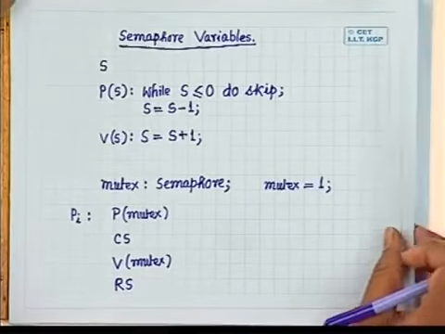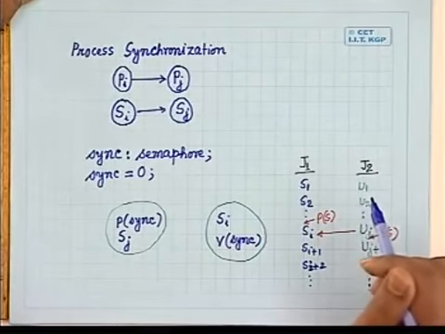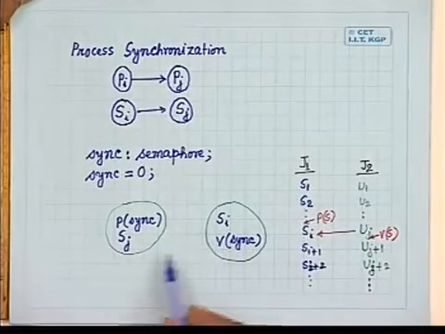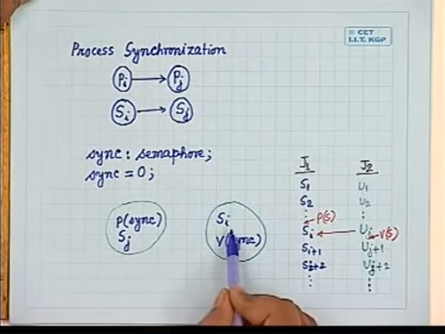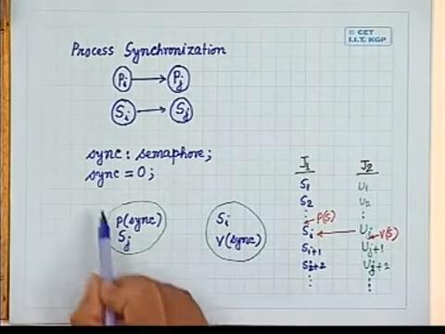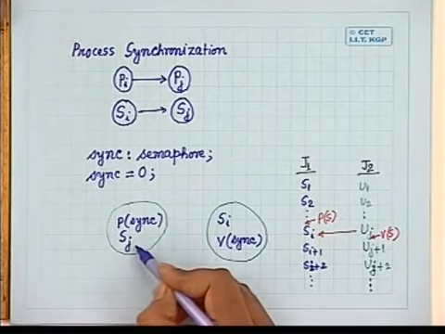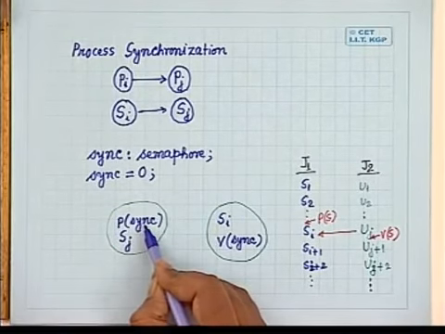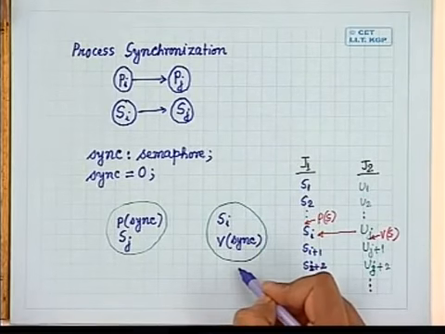We have also seen the use of semaphore variables for process synchronization. Whenever we have a statement, say Sj, which is to be executed only after Si, you use a semaphore variable, say sync, which is initialized to a value 0. Before execution of Sj, you perform P(sync) operation, and after execution of Si, you perform V(sync) operation.